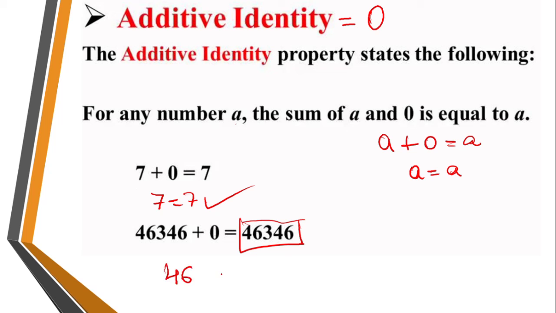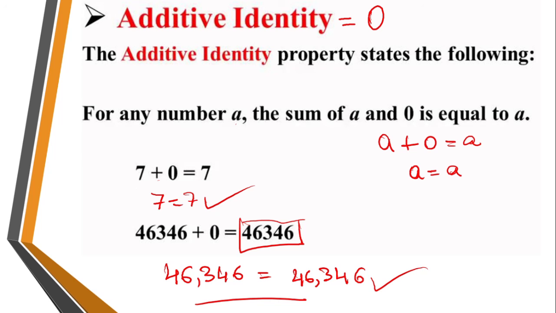Means 46,346 is equal to 46,346 only. So it's equal, right? It's not changing the value again. Then we can clearly say that the additive identity is 0. Not only these two numbers, you can take any numbers and add it with 0. The answer will be the same. So our additive identity is 0.